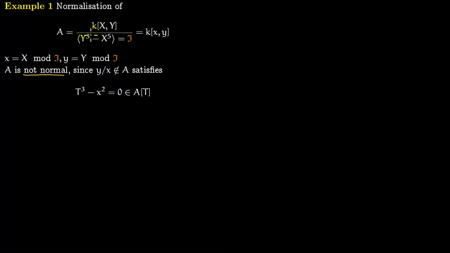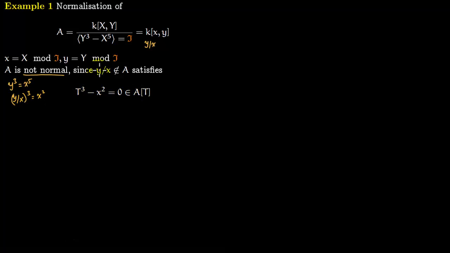So we are going to work with this ideal and construct an equation. You have y cube equal to x^5, so y over x cube is equal to x square. You see this y over x is not in this ring, but it satisfies the equation T cube minus x square equal to 0, with coefficients from this ring A. You can see x lies in this ring, so it is a coefficient, and this is a polynomial.